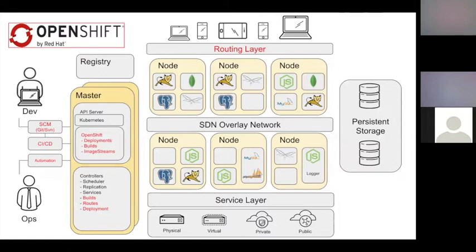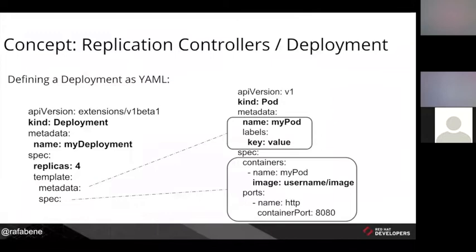If something goes wrong and this node is not available anymore, what will happen with those containers? Well, those containers that are running on those pods will be migrated to other nodes that are available. And who does that is a replication controller. A replication controller guarantees that there is always a certain number of replicas running on your cluster.